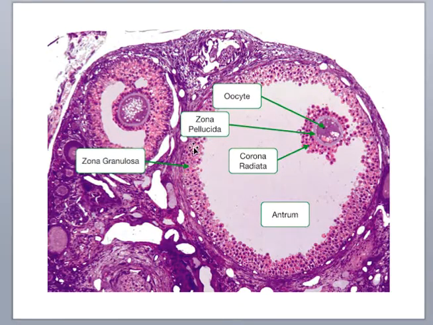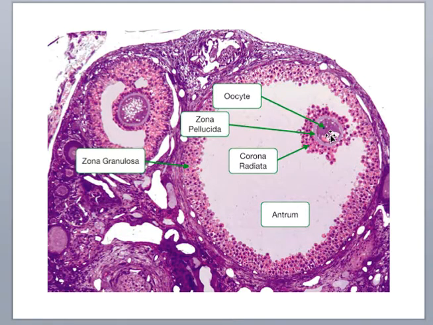Now this is a Graafian follicle, the most mature follicle, and we know that because we see this huge continuous antrum, and the oocyte with its zona pellucida. The follicular cells that stay surrounding the oocyte and the zona pellucida are called the corona radiata. The corona radiata and the zona pellucida stay with the oocyte even when it's ovulated.